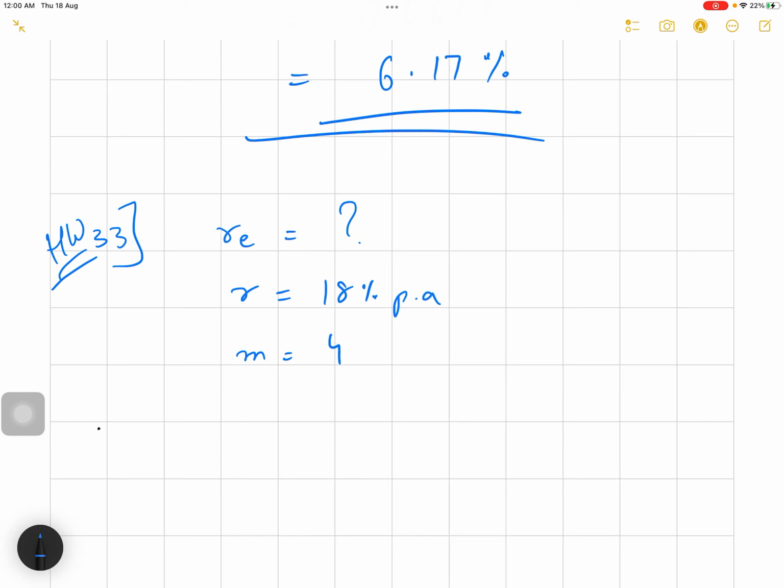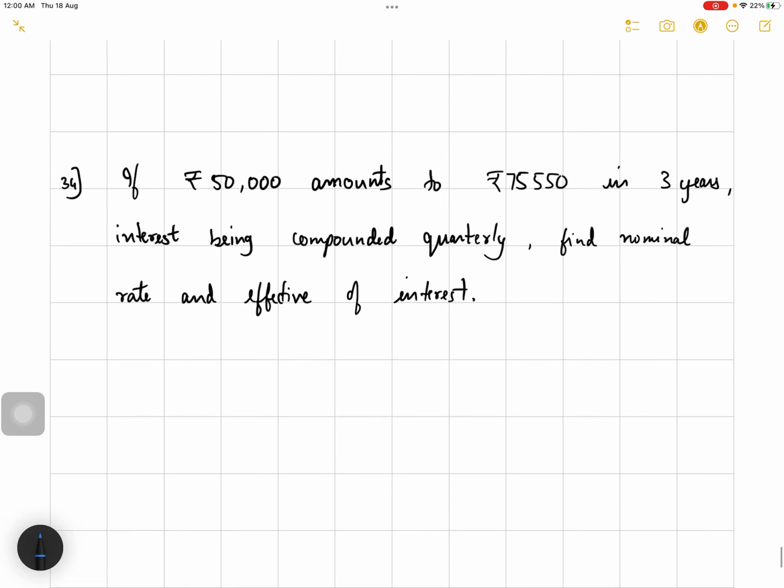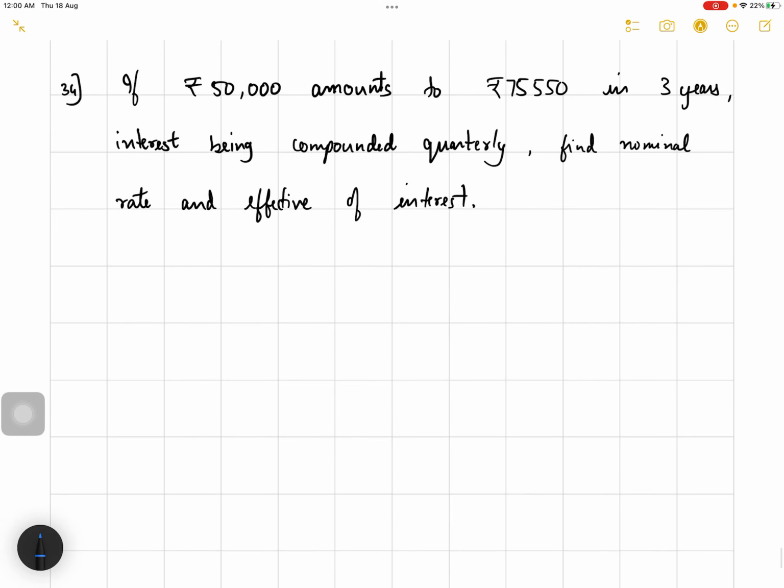Solve this, it is homework. I'll just give away the answer: it should be 19.25%. If you get this answer, then what you have done is correct. Let's come to question number 34.